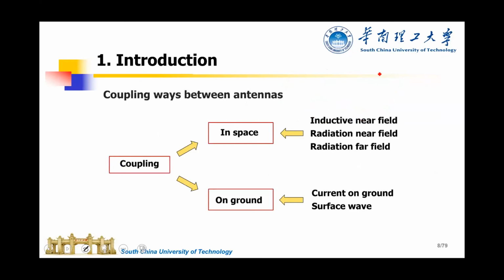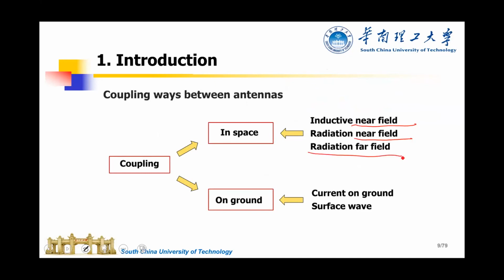There are coupling ways between antennas. The first kind is coupling in space. This space includes the inductive near field, the radiation near field, and the radiation far field.